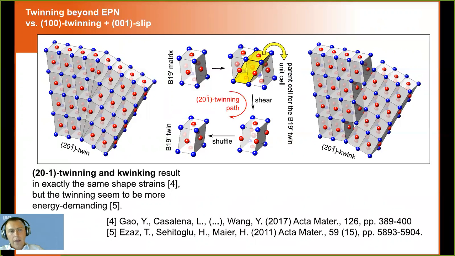So we are having two deformation mechanisms of the B19 prime crystal lattice, and one of them seems to be energetically more expensive, and that one is the 2O-1 twinning, which somehow indicates that maybe our suspicion that these interfaces are not twins but something different may not be wrong.